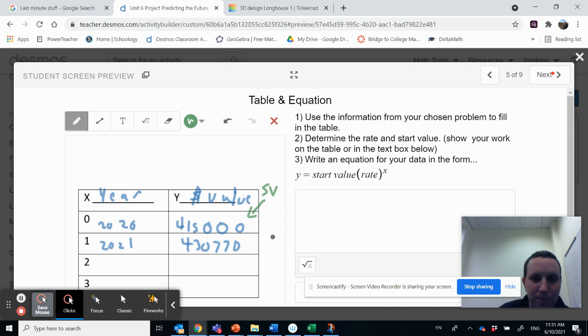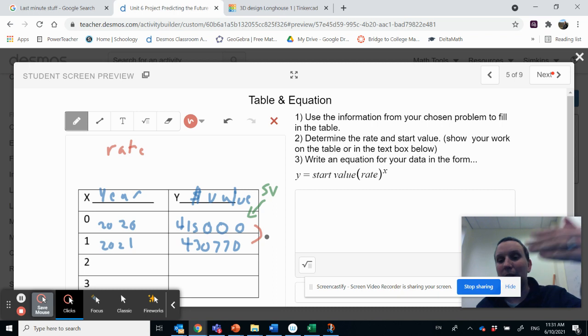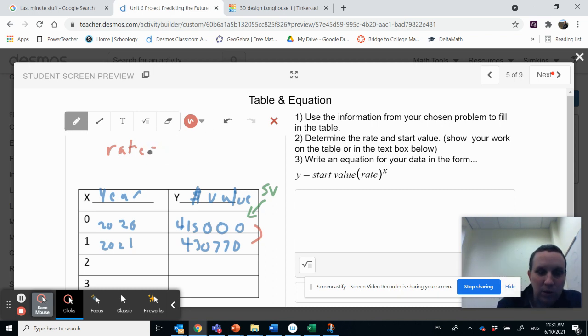My rate is going to be the second number divided by the first number. The reason I'm dividing instead of subtracting is because this is exponential growth, and exponential growth multiplies each time instead of adding each time. So in order to figure out what it's multiplied by, I'm going to divide.